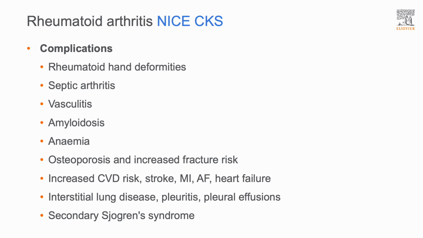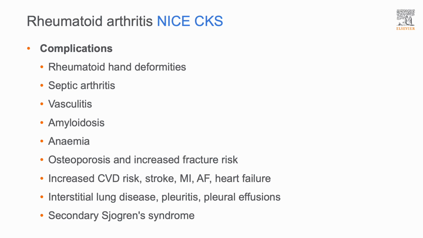The complications of rheumatoid are widespread and significant and relate both to articular manifestations and extra-articular manifestations. Untreated or severe cases can result in permanent joint destruction with stiffening and deformity, presenting with the rheumatoid hand deformities mentioned previously.